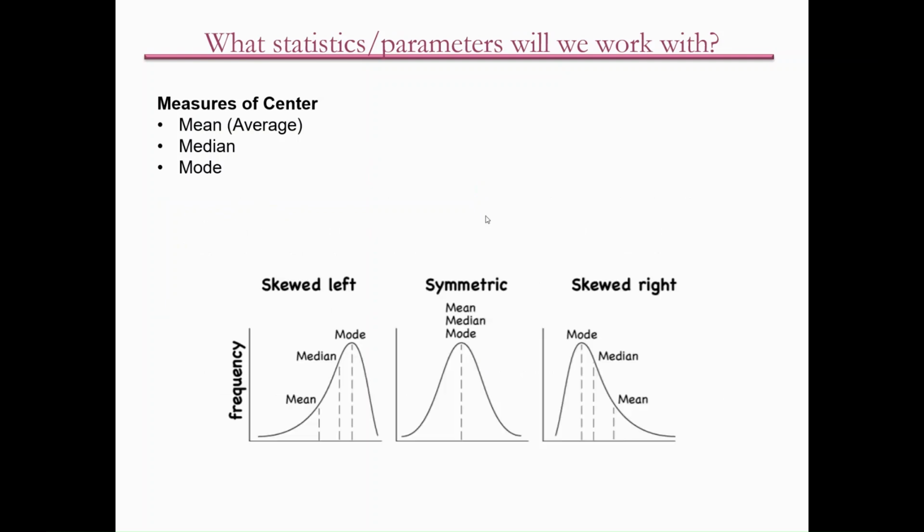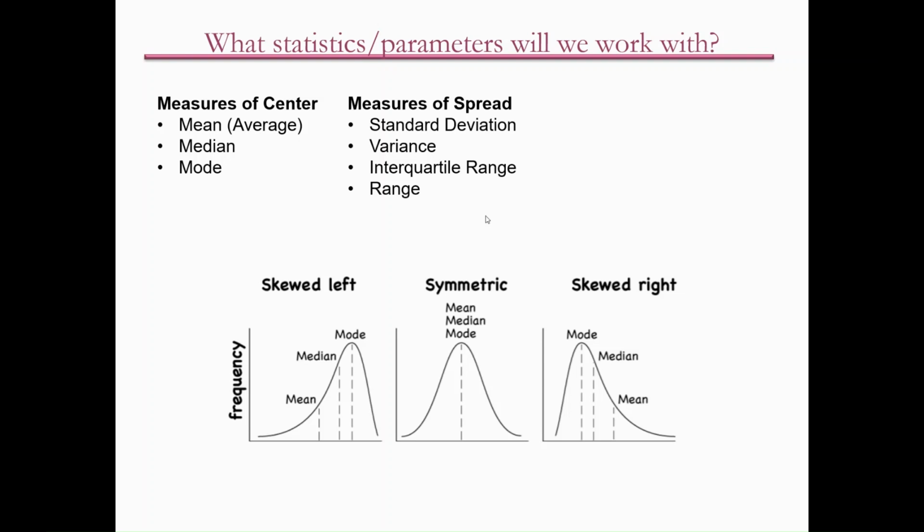This picture here is just to add to the slide. This is something we'll talk about later on, but essentially what this image shows is that the mean typically gets pulled into the tail of the distribution. But again, we'll talk about that more later.